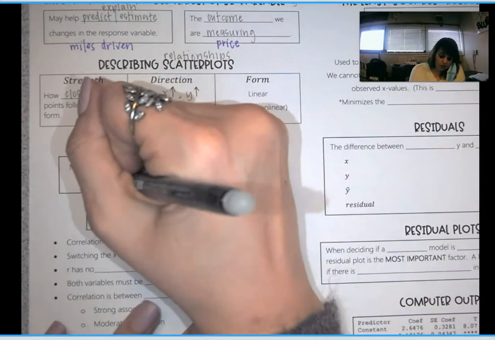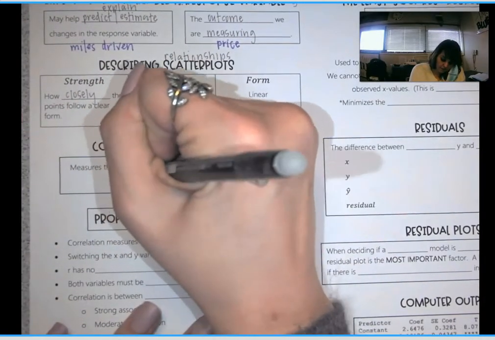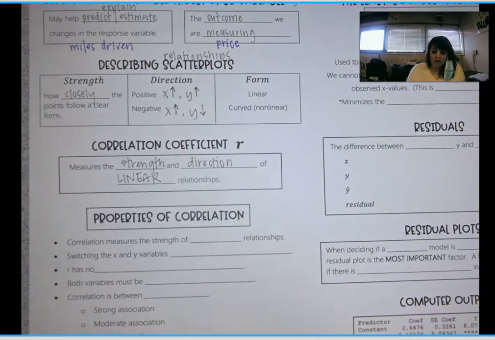This only applies to scatter plots or x and y variables that follow a linear form.